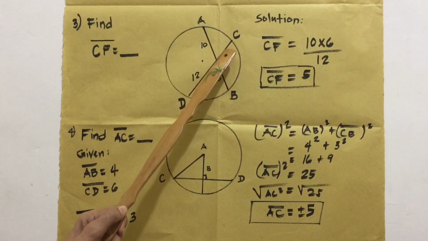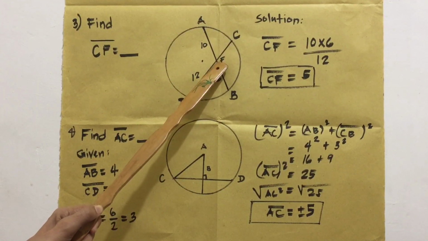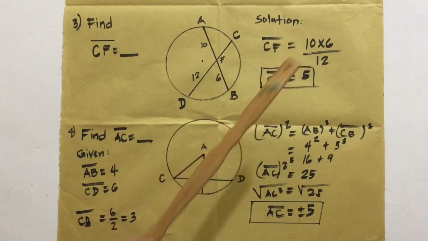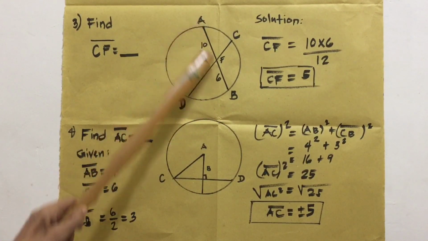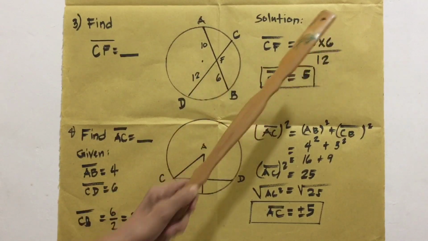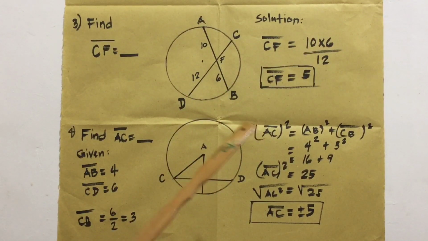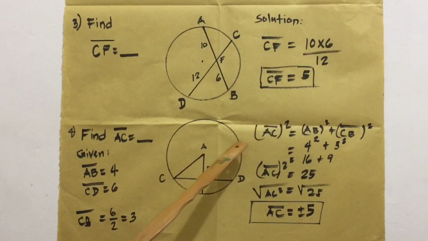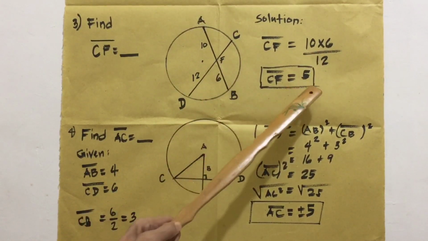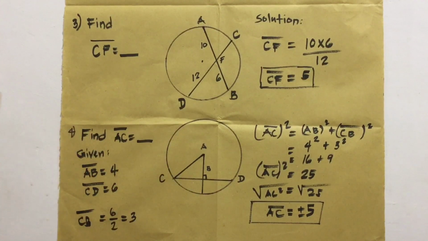To solve for the missing CF measurement, segment CF equals the segment AB, 10, times 6, equals 60, then we divide by 12. Then the result is that segment CF is 5. That's our final answer.